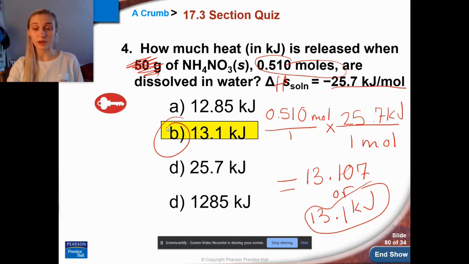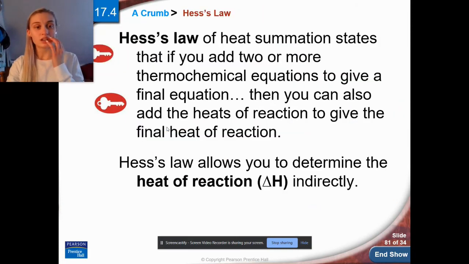Okay, so the last slide before I do that big giant calculation is this, talking about Hess's law. And basically what Hess's law tells you is that if you have 2 or more thermochemical equations, you can add those heats of reaction to give you the final heat of reaction, okay?